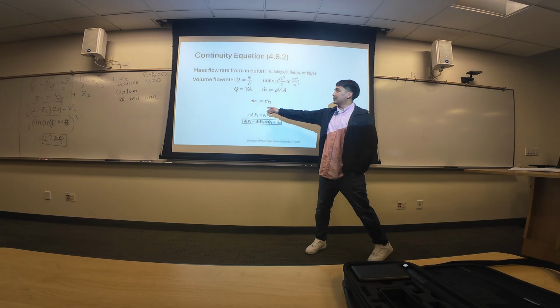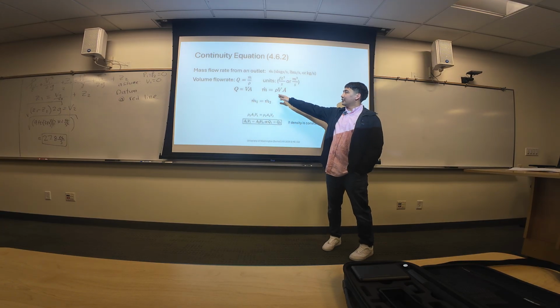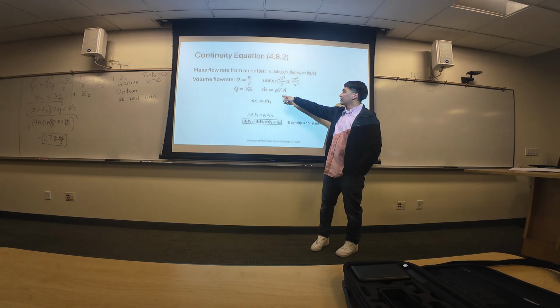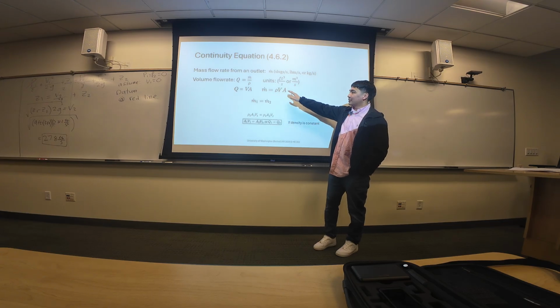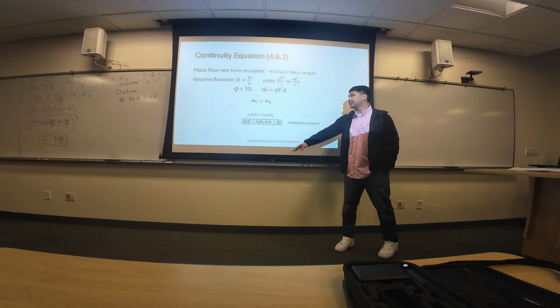So this is equivalent to volume flow rate equals velocity times the area. And then if you do some substitutions here, right, you move rho over there. Right, so you have your mass flow rate is equal to rho times velocity times area. This is also an important equation here.